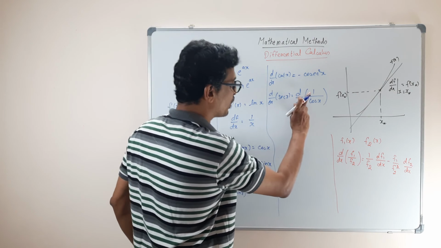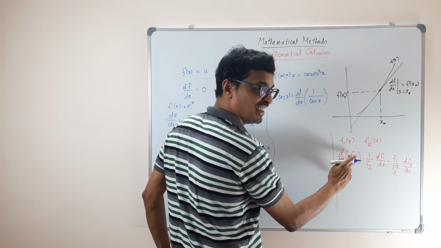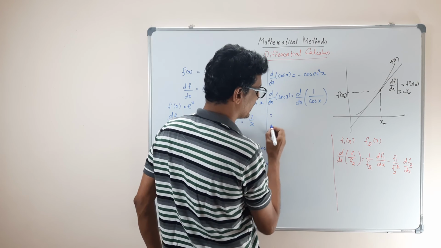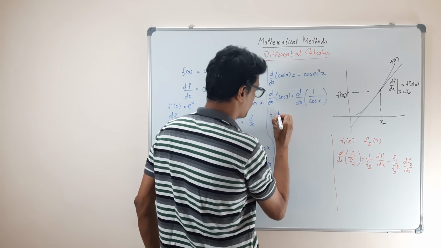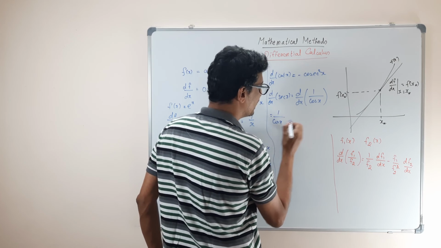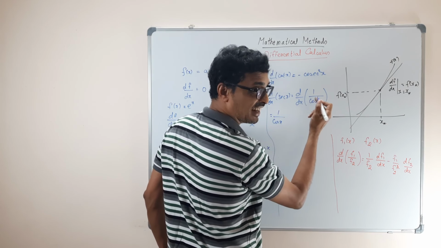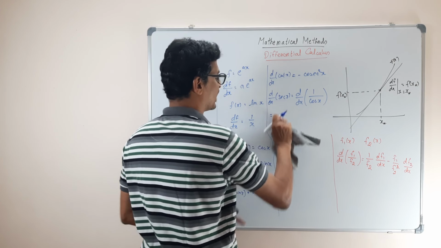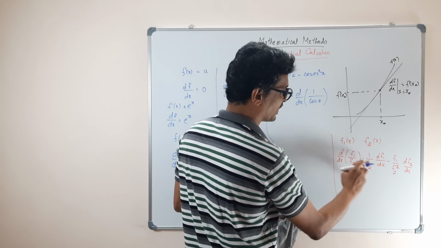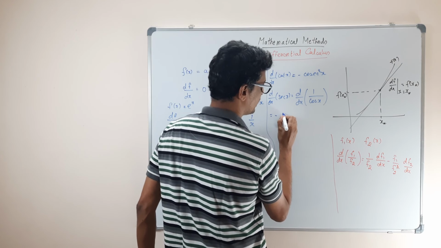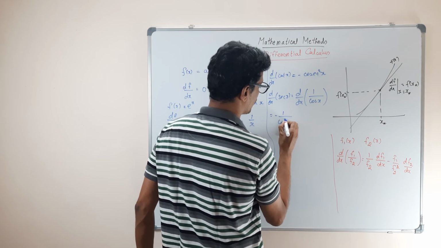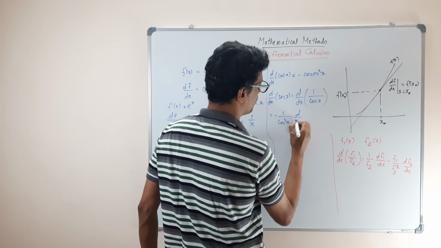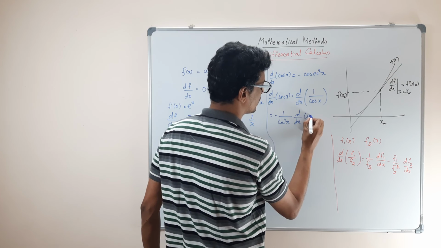So in our case, f1 is a constant, f2 is cos x. The first term is 0, because 1 by cos x into d by dx of 1 is 0. So that will go off, and only the second term remains: minus 1 by cos square x into d by dx of cos x.